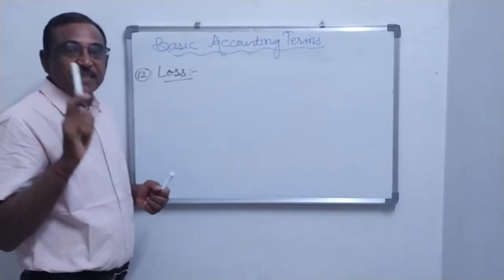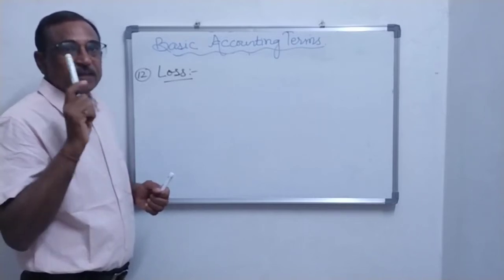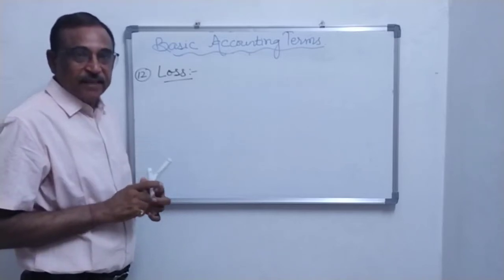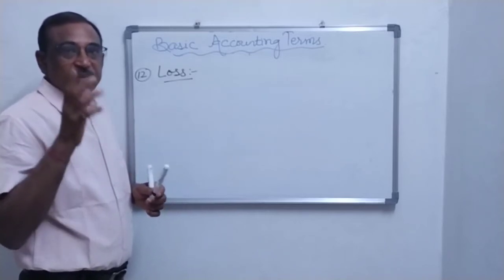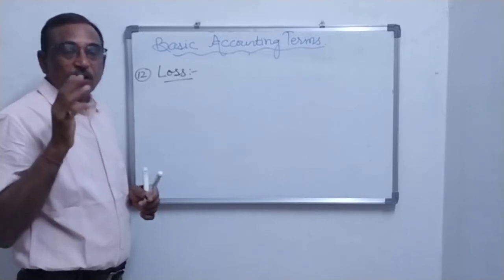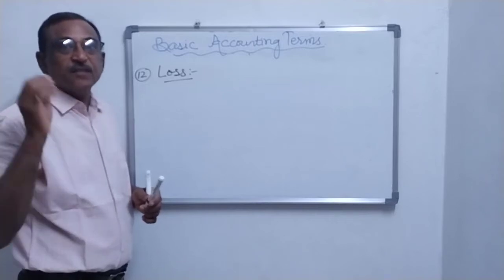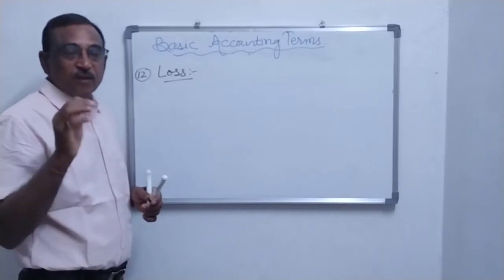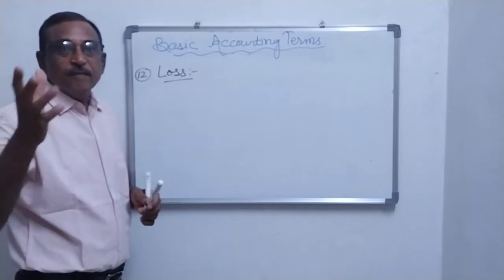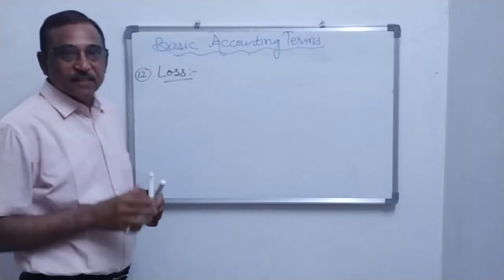Loss means when the expenses are more than all your revenues, you will have loss, and loss will decrease owner's equity. Clear? If there is a loss due to fire, or there may be a case when goods are stolen, cash is stolen, or you can also incur loss on selling a fixed asset, like loss on sale of land and building, loss on sale of furniture.